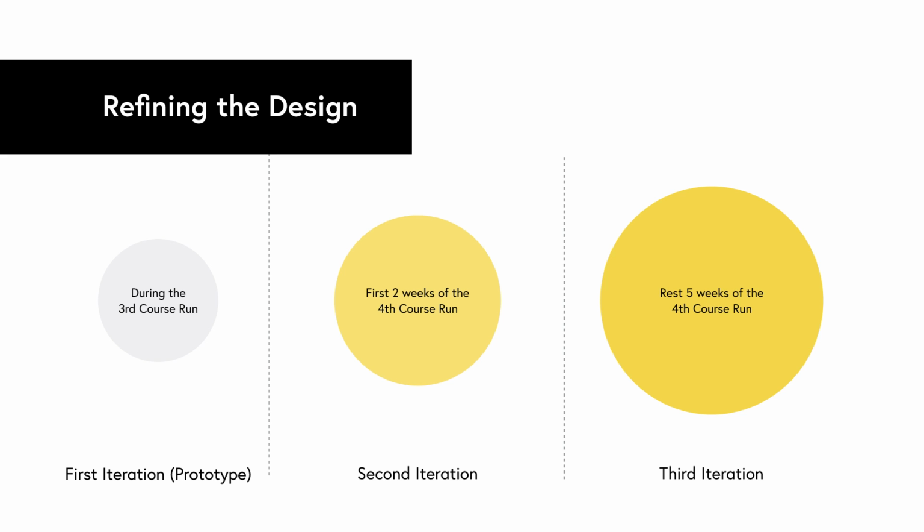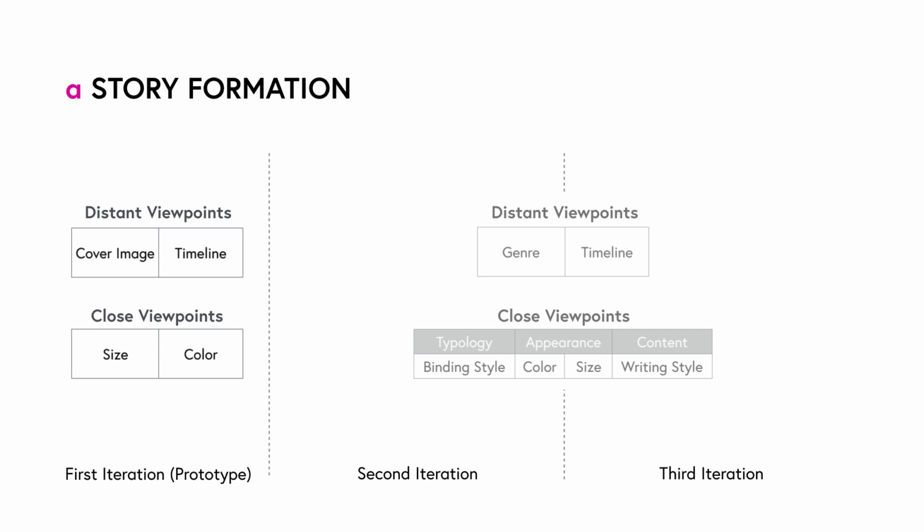During the fourth course run, I received constant feedback from the learners and made 2 major iterations, the second iteration and the third iteration. First, for the story formation, based on the results from the prototype, I defined genre and timeline to the distant viewpoints.